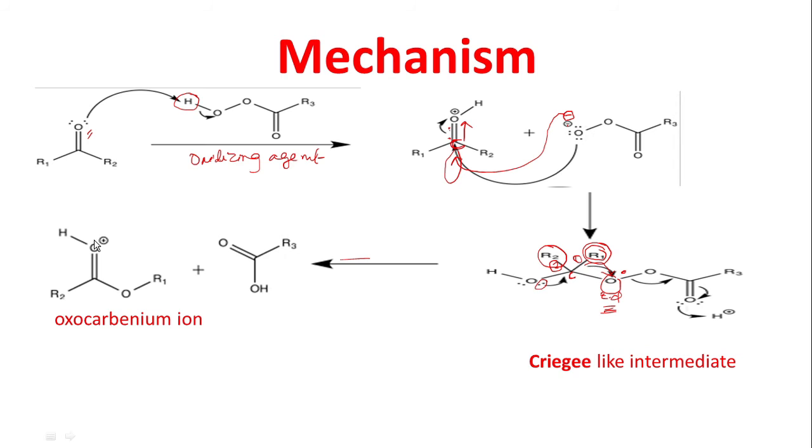Now this positive charge on the oxygen forms an oxocarbenium ion. In the next step, this hydrogen is removed and this forms the ester. So mainly here, between this carbon and the carbon of the alkyl or aryl group, oxygen is inserted. So this is the oxidative addition reaction.